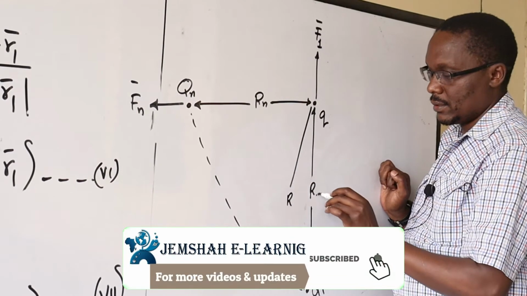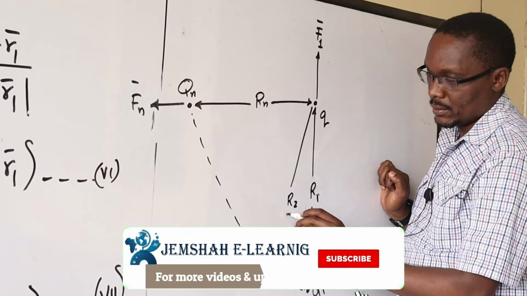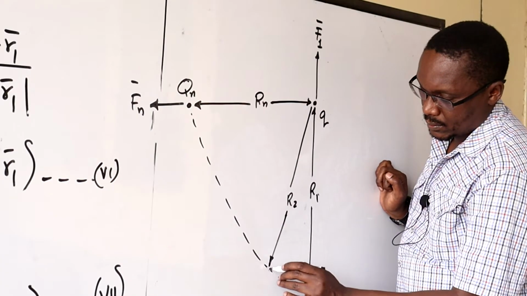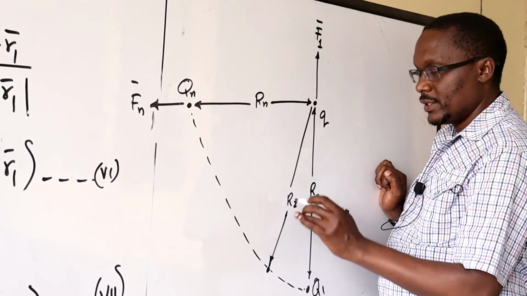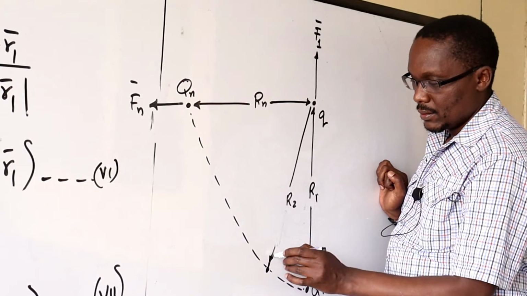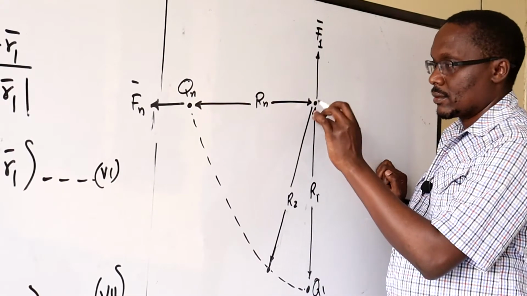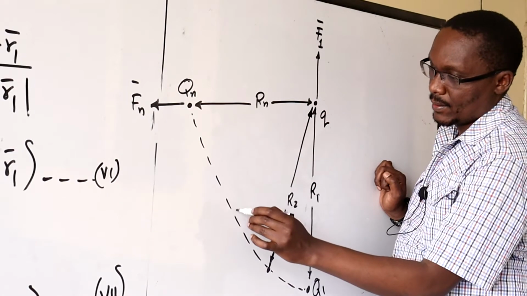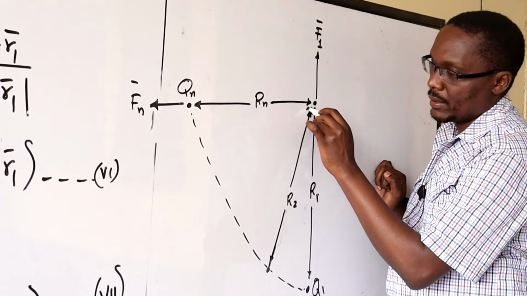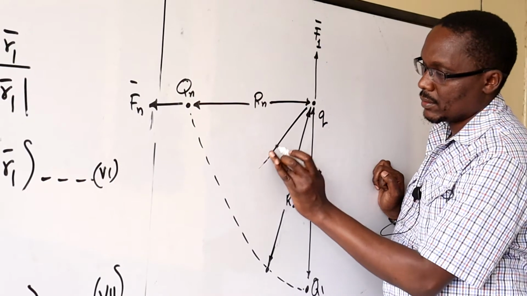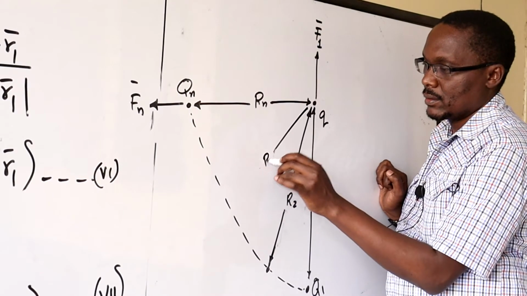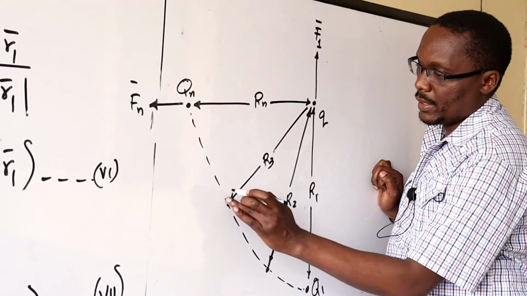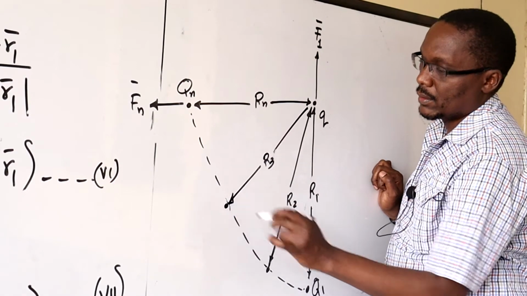Say this is R2, some point there, say maybe the third one, R3, like so.